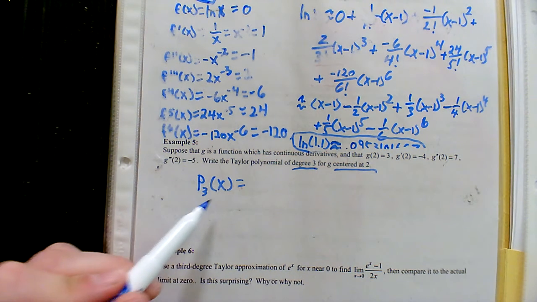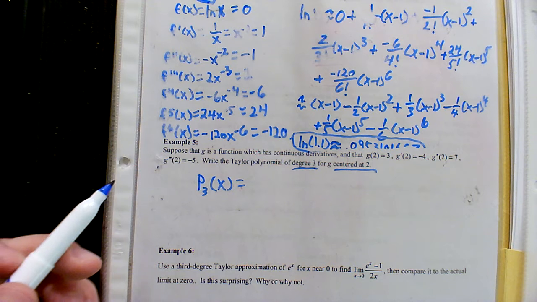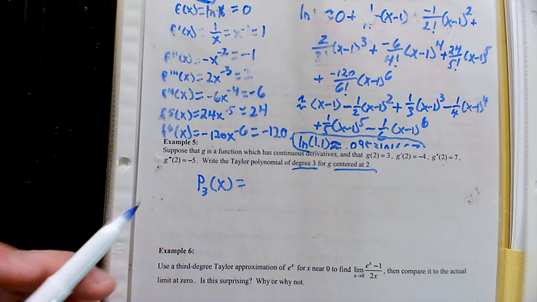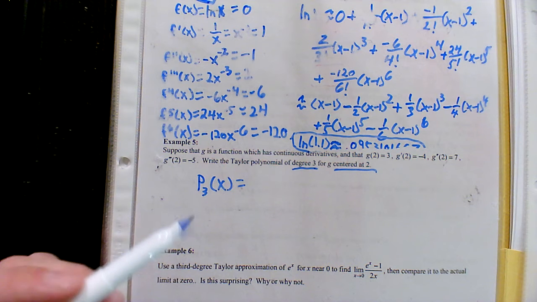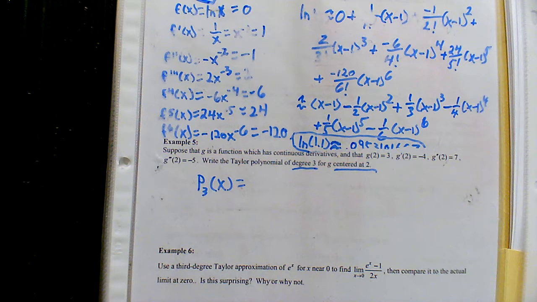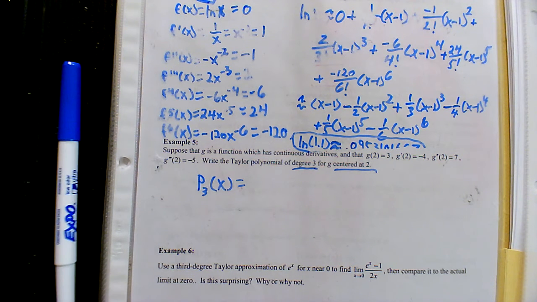So P3 of x for Taylor polynomial. And we need to just list out the Taylor polynomial now. So, why don't you guys give it a try and tell me what I should write. Do you guys need a minute to write it down and then you can try to tell me? Or do you think you have it now? Give you a minute to write it down? Try to write down the polynomial and then we'll see what you get for an answer.